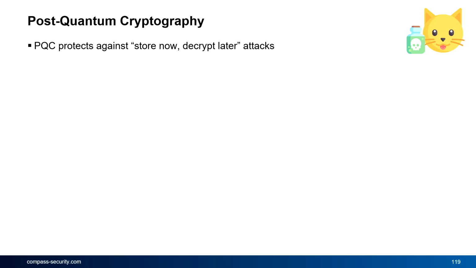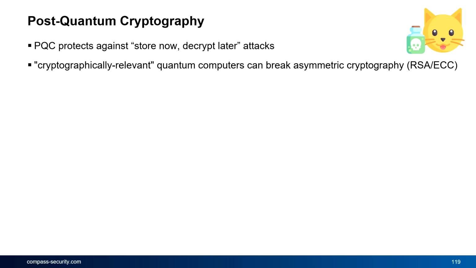OpenSSH already implements some post-quantum cryptography algorithms. These can protect you against some store now, decrypt later attacks. So at some point, if we have cryptographically relevant quantum computers that can break asymmetric cryptography like RSA or elliptic curves, they could be used to break the cryptography of your recorded traffic and then see what you transmitted over SSH.